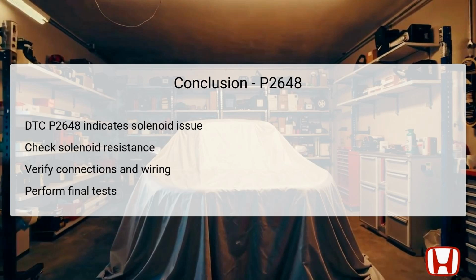Performing a thorough diagnostic using the HDS, combined with visual inspections, is vital for accurate diagnosis. Following the repair process with verification of results ensures that the problem is truly resolved and the vehicle operates optimally. By taking these steps, technicians can maintain the performance and reliability of the Honda Civic equipped with the VTEC system.